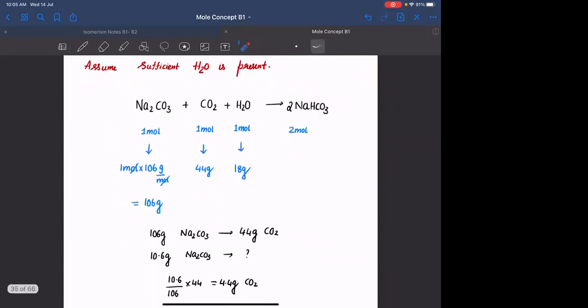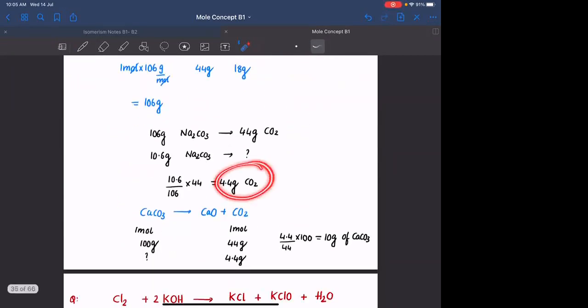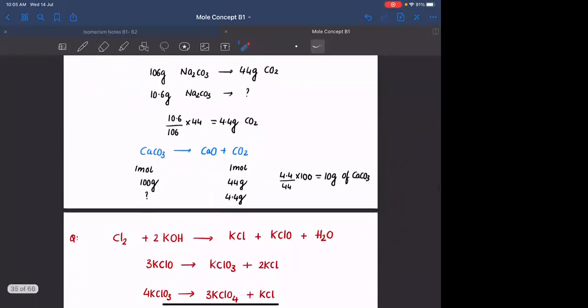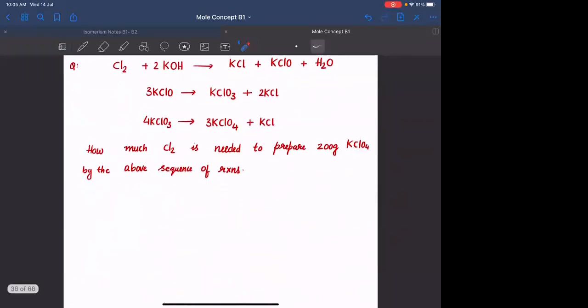The amount of CO2 required is 4.4 grams or 0.1 moles. From the decomposition reaction, 1 mole CaCO3 gives 1 mole CO2. So to obtain 0.1 moles of CO2, I need 0.1 moles of CaCO3, which is 10 grams. Okay, next question.